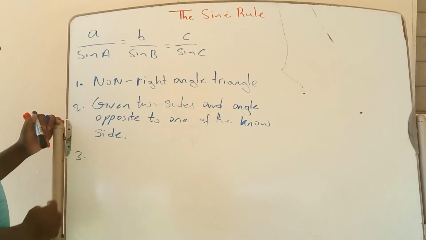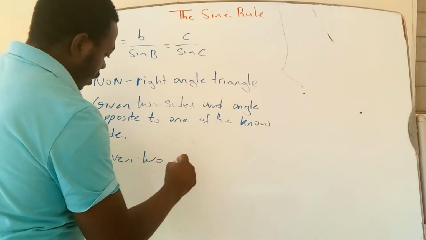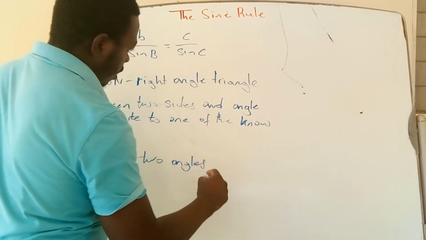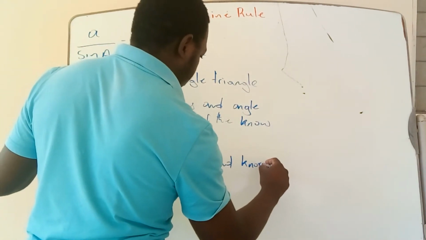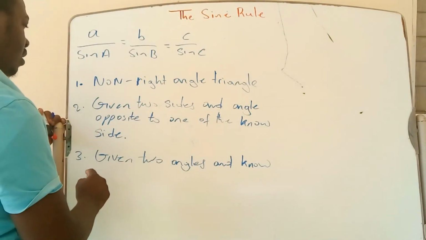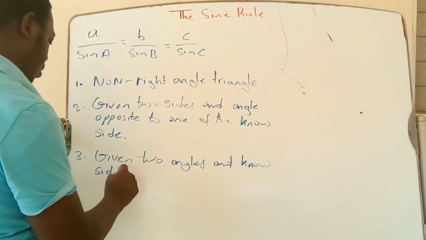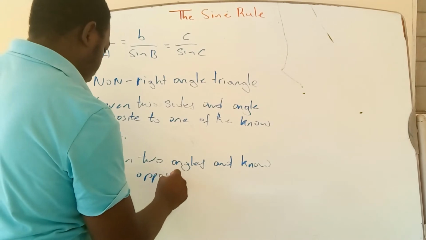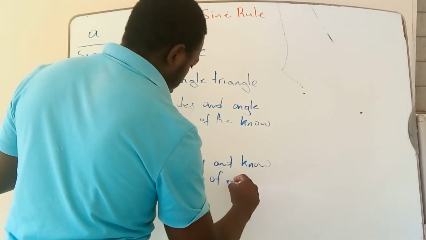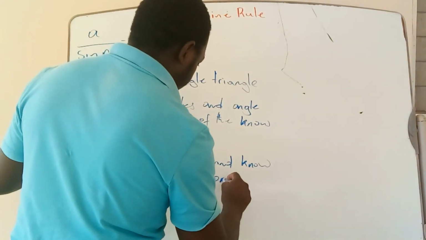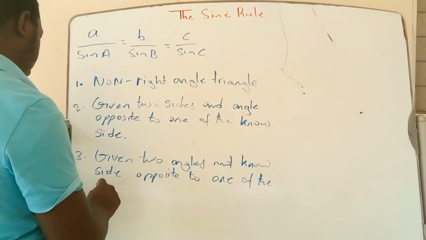And the third condition is that if you are given two angles and a known side opposite to one of the known angle.